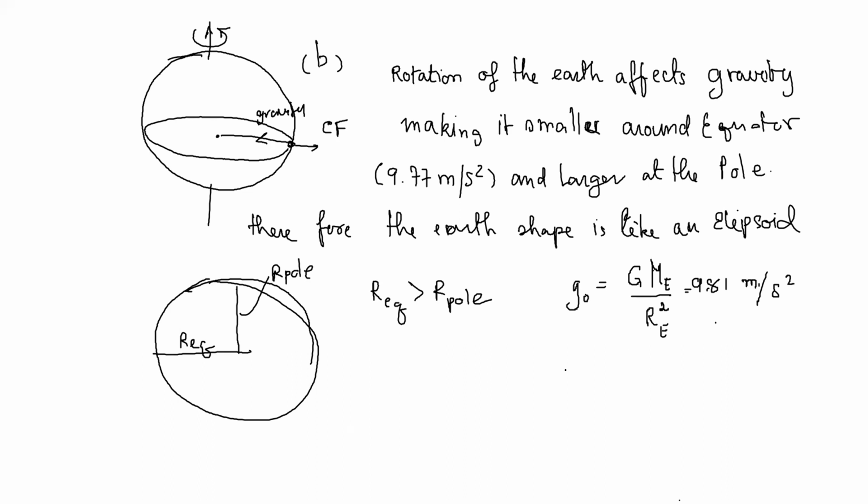Now, if we consider the rotation of the Earth, it is moving around in circles, so part of this gravity is subtracted off by the centrifugal acceleration. So the gravity that we feel is actually g0 minus omega squared R cosine latitude.